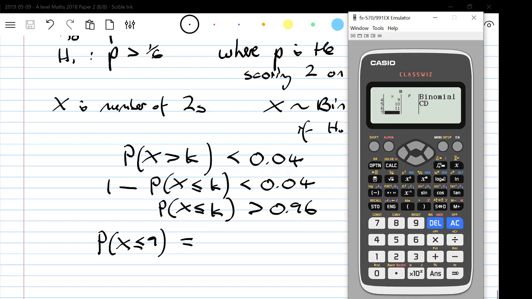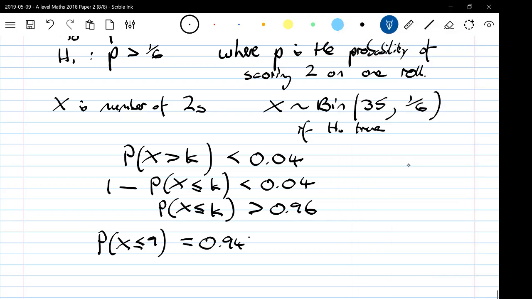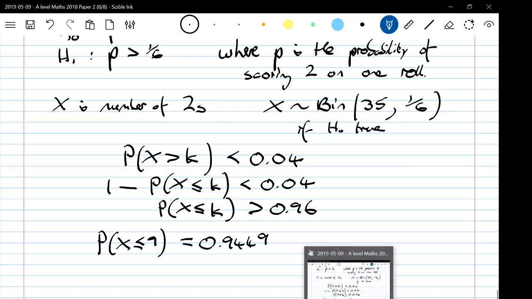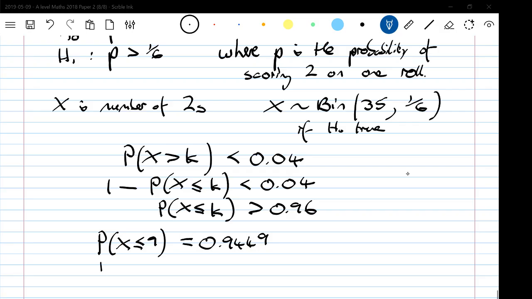Let's do a few of them, and let's put in 35 and 1/6. And it should give me the probability. So it's got a probability for 9 as being 0.9449. For 10, it's given me 0.9768.